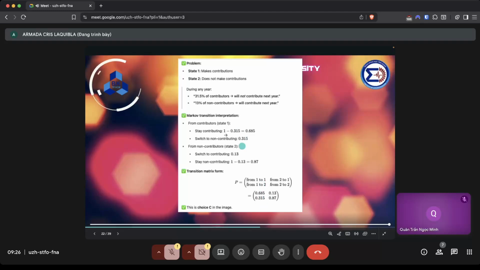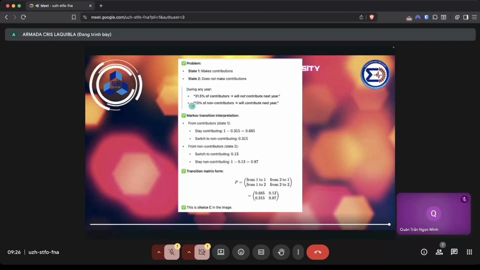Okay, next. The next statement says 13% of the non-contributors will contribute next year. So the 13% will contribute. Our first row is making contributions, right? So 0.13 should be the first number in the second column. Now to get the percentage of those who will not contribute, we have 1 minus 0.13, which is 0.87.